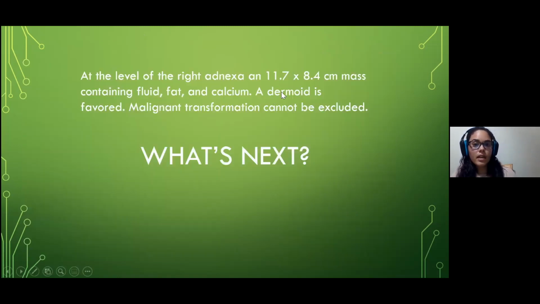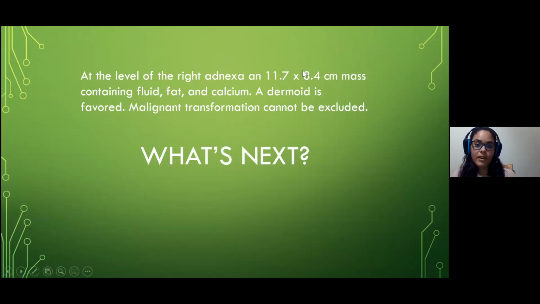So the radiology report: at the level of the right adnexa, an 11.7 by 8.4 centimeter mass containing fluid, fat, and even calcium. So a dermoid was favored, because you know how I talk about all these different layers. They were all there.